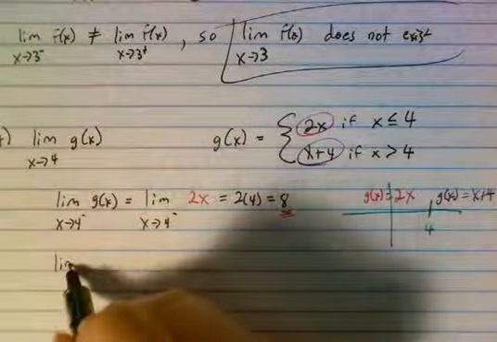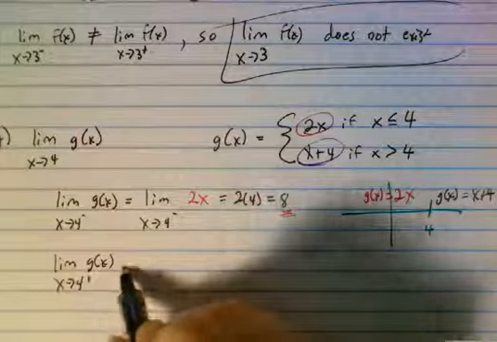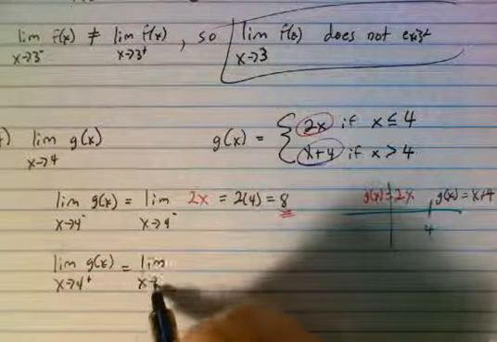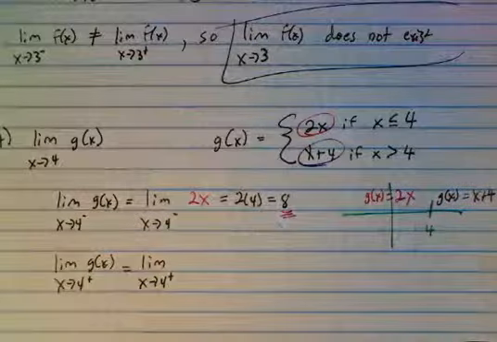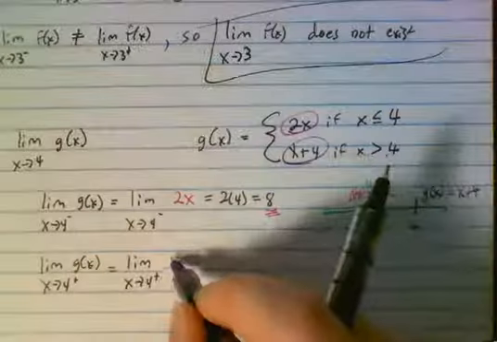And we also have to check the limit of g of x as x approaches 4 from the right. So we use the function that's on the right-hand side of 4, that's x plus 4.